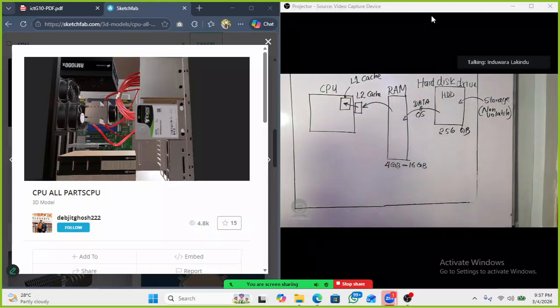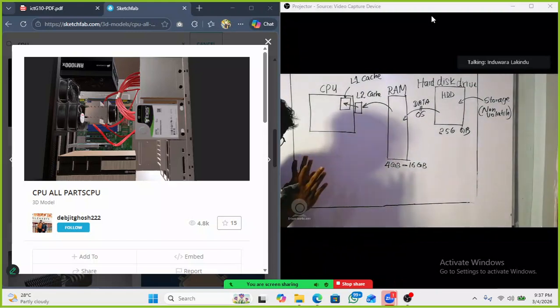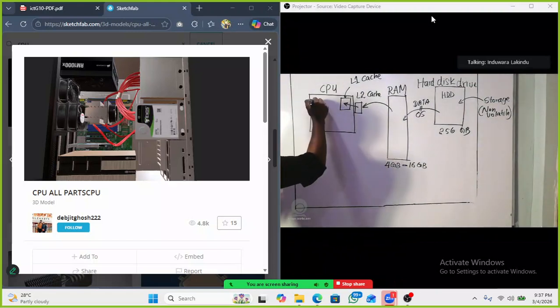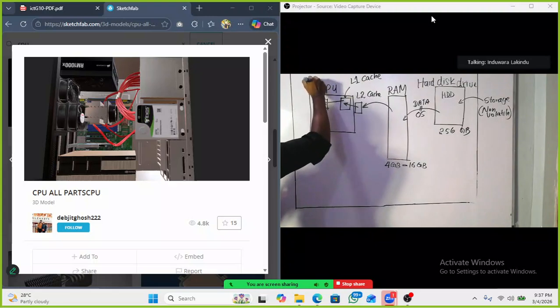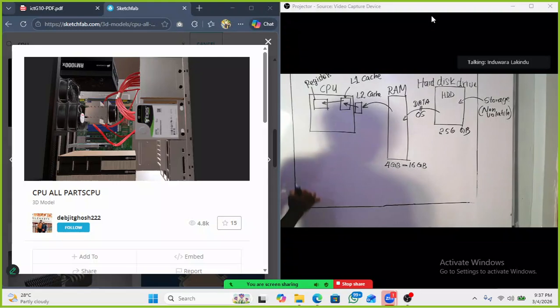When L1 cache can hold it, it then goes to the registers, the smallest memory. These are called registers. Smallest and the fastest. I will tell you the reason.